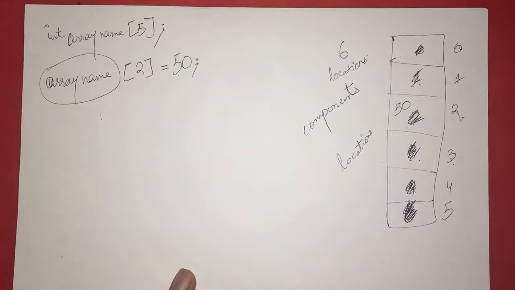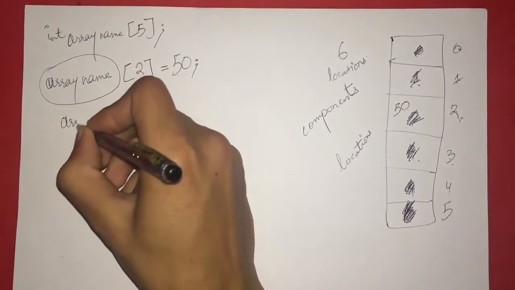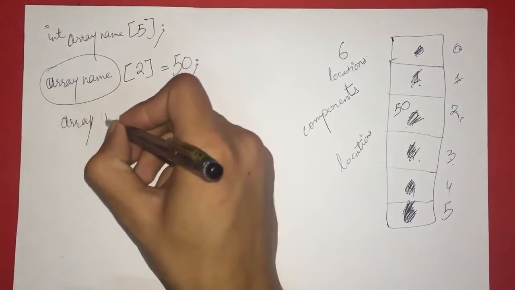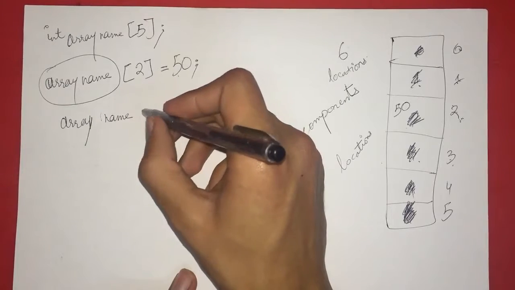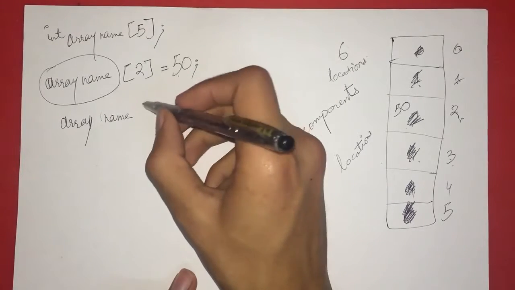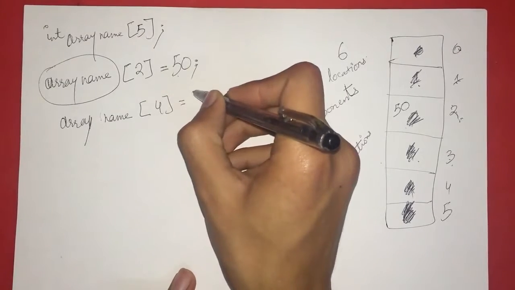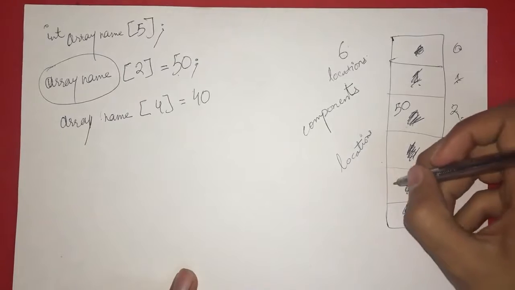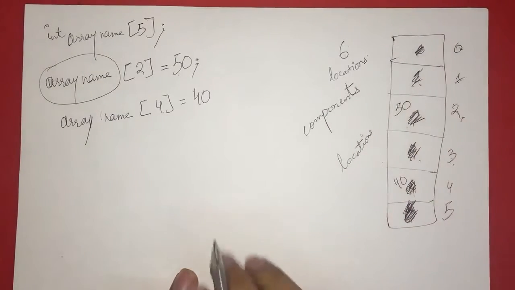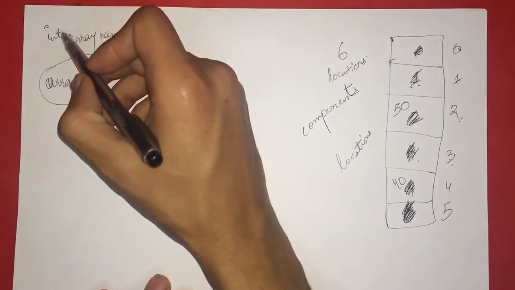And if you say array 4 equals 40, then in the fifth location of this array, the number 40 will be stored. And you can have different data types of the array.